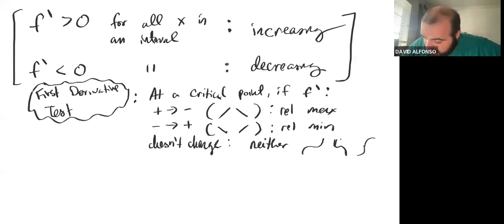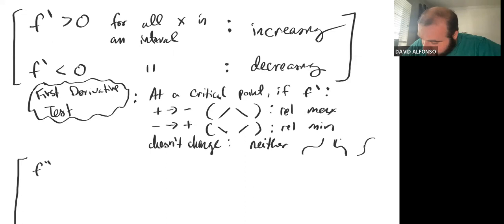Then that leads us into the second derivative, which, if you think about it, is the rate of change of the rate of change, so the rate of change of the slopes. Depending on how the slopes are changing, that determines the shape of the curve of the graph.